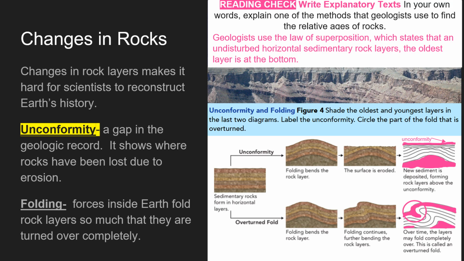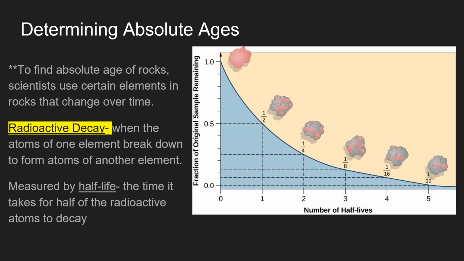Now we just went over unconformity and folding, which are examples against this. So like, it's not against this per se, but they're examples of when this isn't happening. So the key part being that the horizontal sedimentary rock layers are not disturbed. In unconformity and folding, they are disturbed. So we're going to see differences there. So I just want to distinguish that.